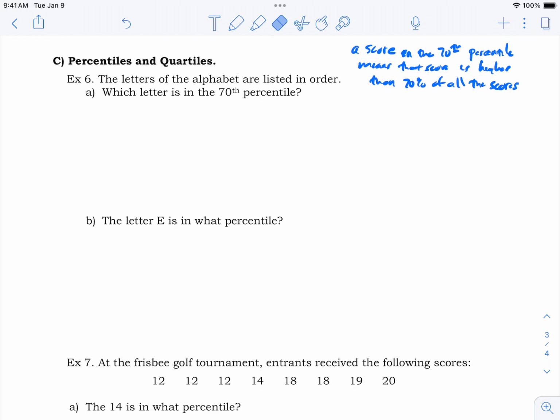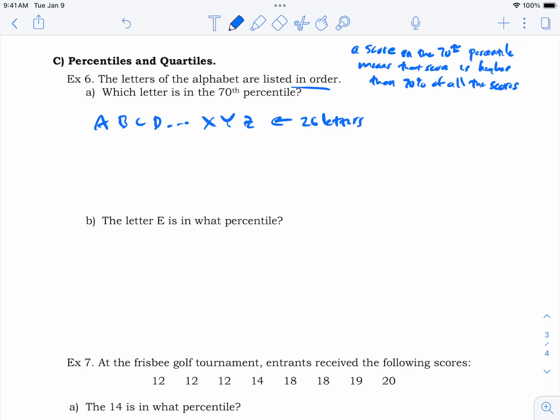The first is just letters of the alphabet. Now, in order, you don't need to list them because we think of the alphabet as A, B, C, D, X, Y, Z. That's how we think of the alphabet, right? It's in order. So, which of those letters is in the 70th percentile? Well, there's 26 letters.